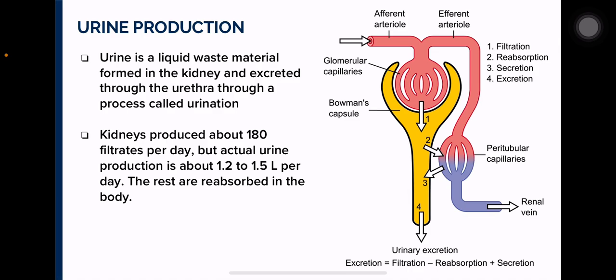Approximately 1,200 milliliters, as I said earlier, or 1.2 liters of blood flow through the kidneys each minute. This represents about a quarter of the total blood volume. Then the blood enters the glomerulus of each nephron by passing through the afferent arteriole into the glomerular capillaries.